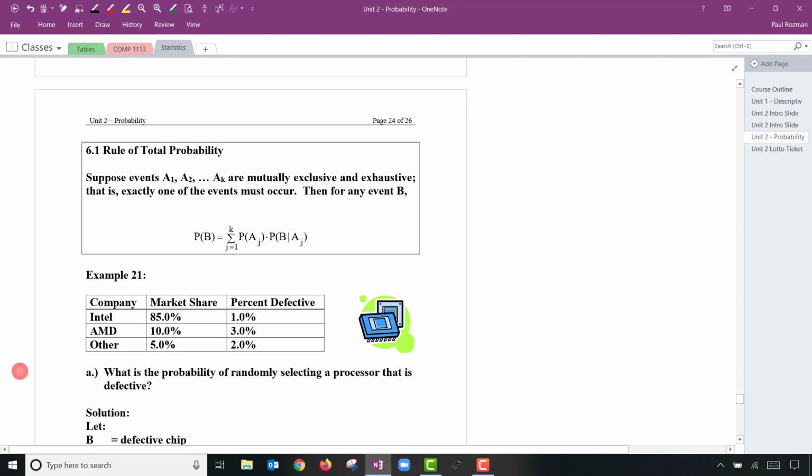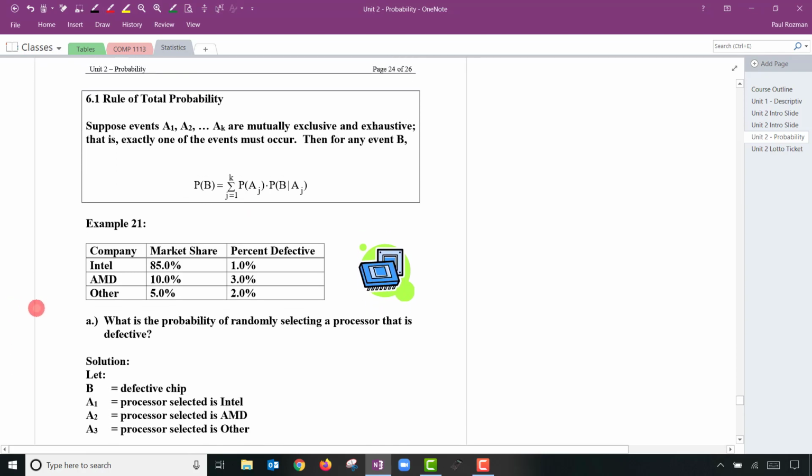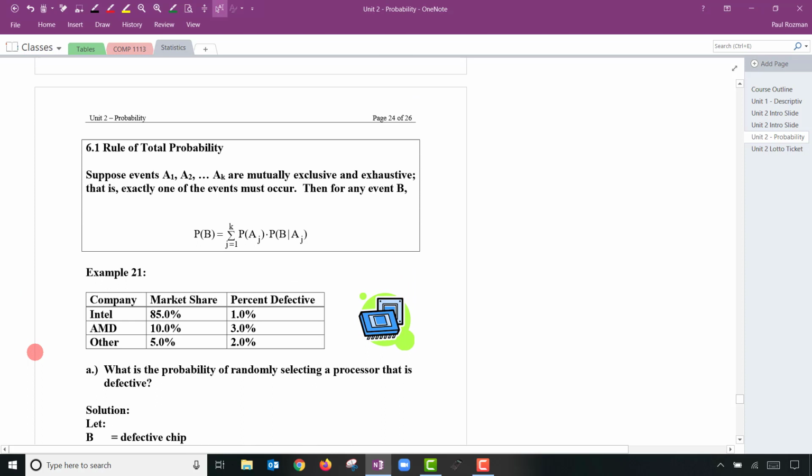In my example then, I was a little lazy and I only did 3 sets, but here's an example where you have 3 companies, Intel, AMD, and other guys, and they make computer processors.